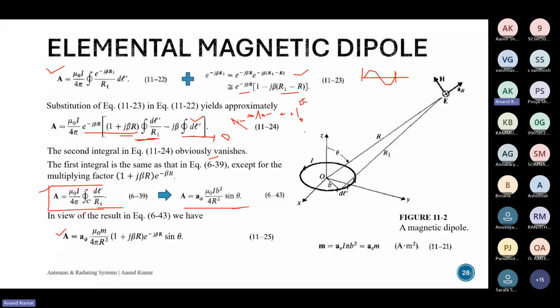So the steps over here: we define the magnetic moment. From the magnetic moment, we define the auxiliary vector potential, which had current distribution, IDL, and the problem over here was the term R1. For R1, we did approximations, and once we did the approximations, we got the final value of A. Okay, and we skipped some maths over here, which can be practiced.